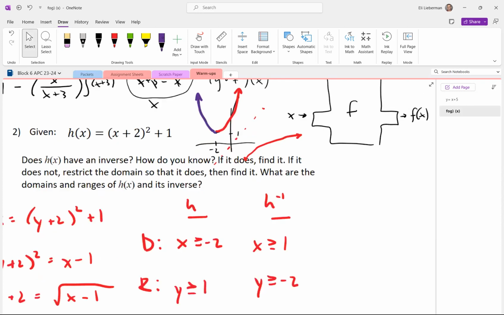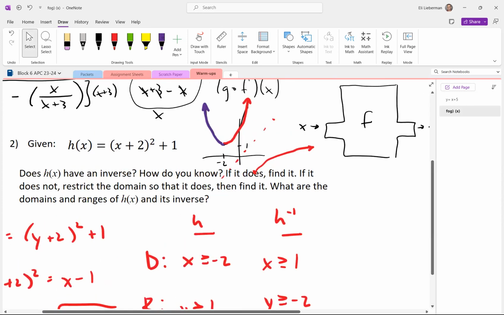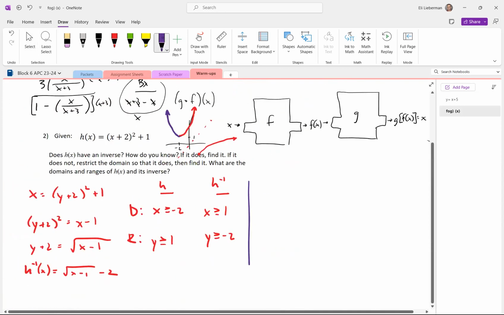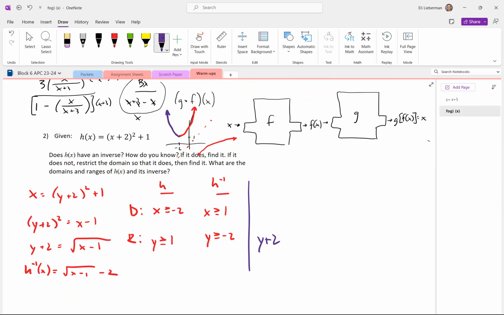Okay, so I'm going to do this again. The only difference is starting here, y plus 2 is going to equal, in this case, we choose the negative square root of x minus 1, which means our inverse is this negative.